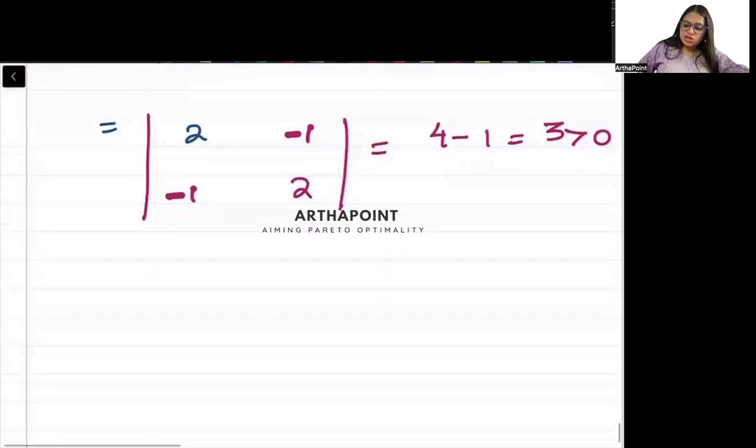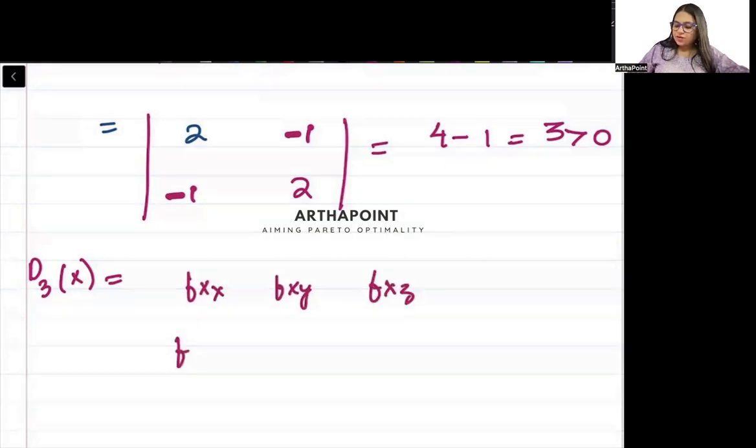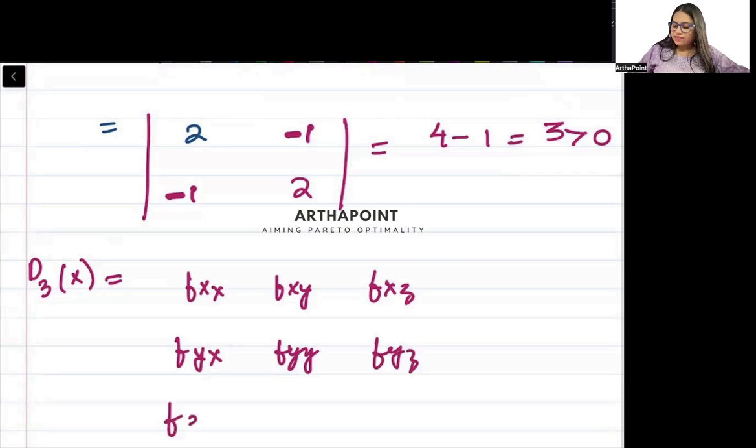So now you will check the third leading principal minor. So d3x. In order to do this, you will go ahead and create fxx, fxy, fxz, fyx, fyy, fyz, fzx, fzy, fzz.